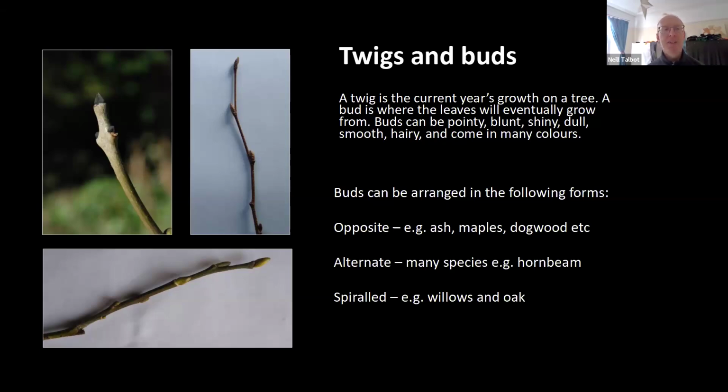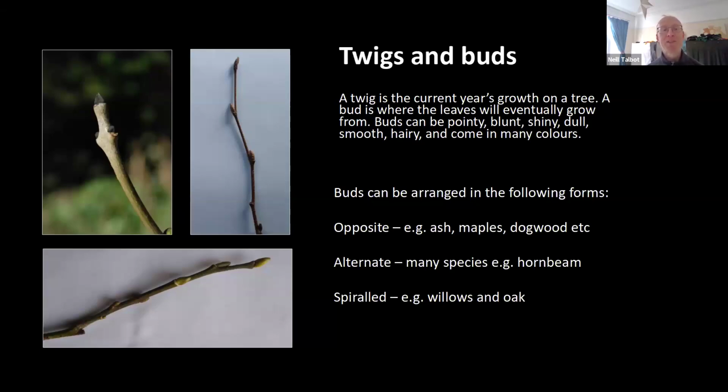So the top left one is ash, and that's opposite. You have a terminal bud, which is the bud right at the top, and quite often that's larger than the lateral buds, which are the ones on the side. On ash, the terminal bud is generally over twice as big as the lateral buds.